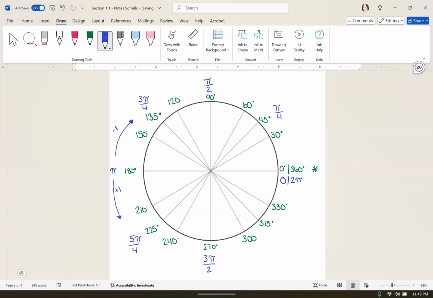That's 4 over 4, which makes 1. Adding another fourth is 5 pi over 4. This would technically be 6 pi over 4, which reduces to 3/2, which means if I kept counting, this would be 7 pi over 4, and then this would be 8 pi over 4. And notice 8 pi over 4 reduces to a 2.